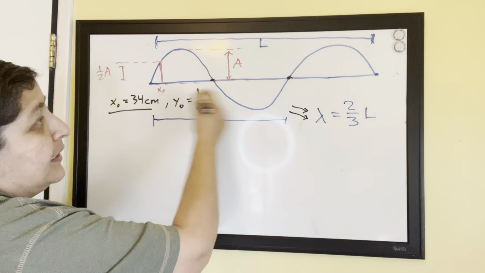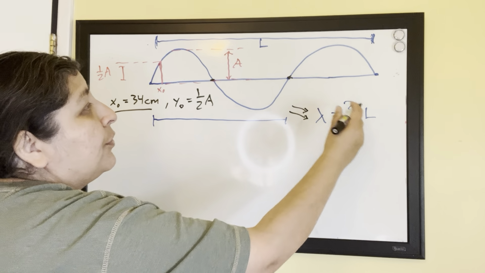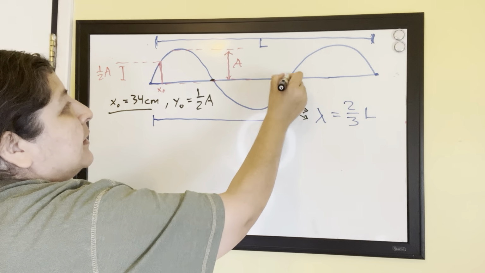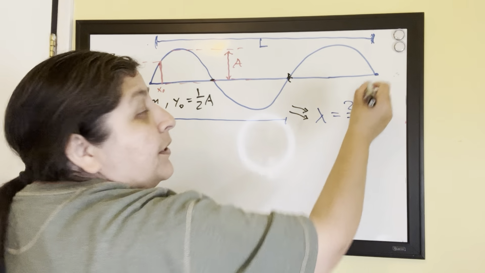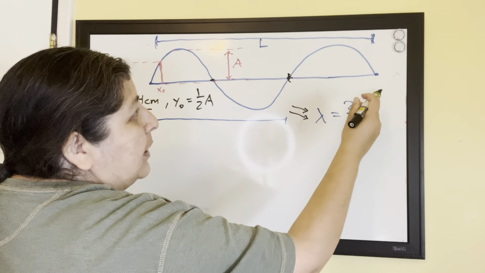And we can see from the geometry of the problem that it's 2/3 times the length, right? Because this is one wavelength right here, and then another half of a wavelength to the next node, to the end of the wave.